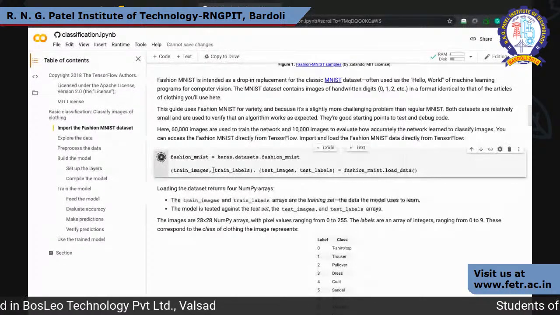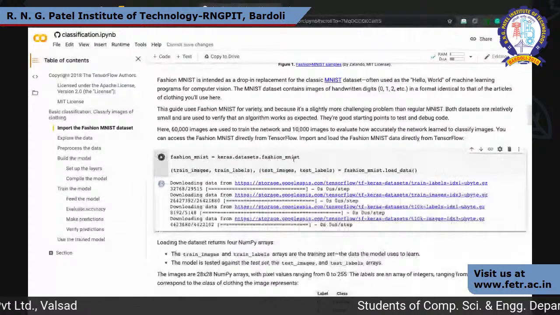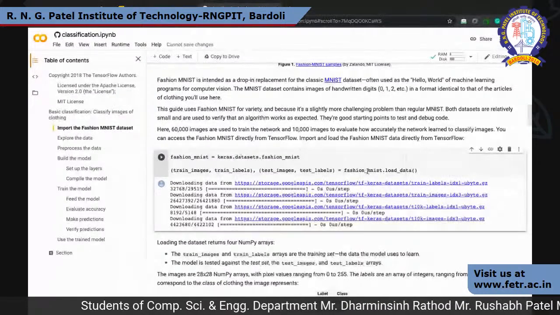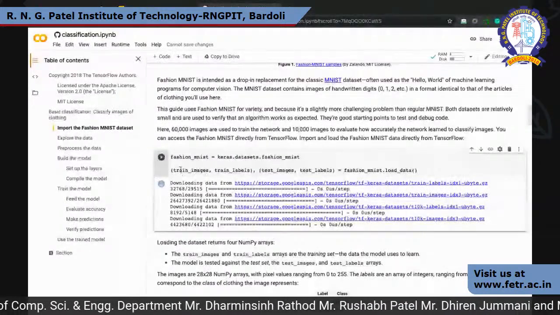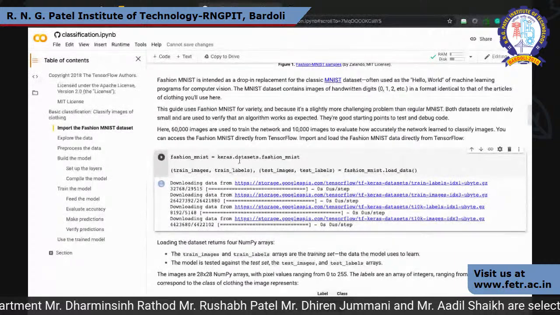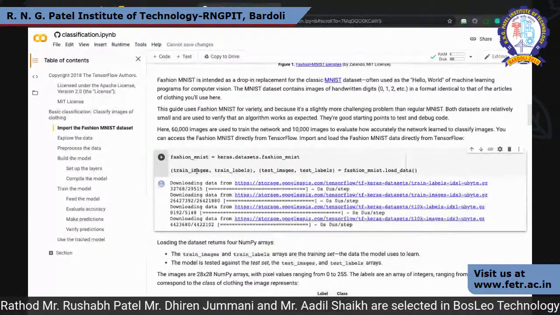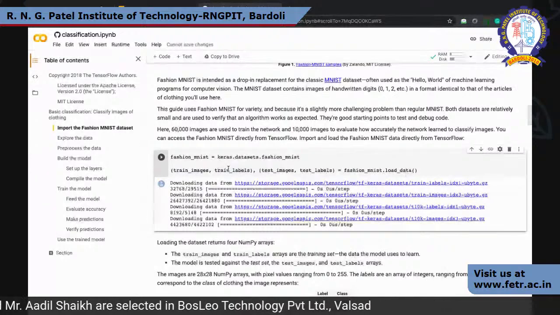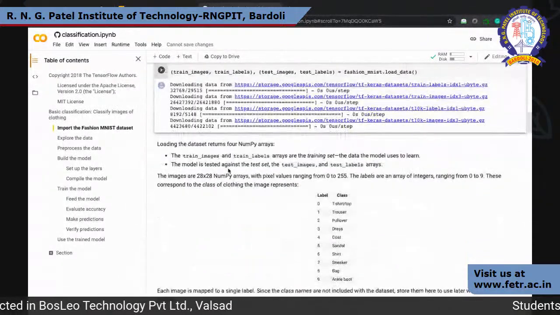Over here, we imported the data set from the Keras data sets, and divided the whole data set into training images and training labels. Training images are 28 by 28 by 1 vector spaces. Training labels are the 0 to 9 classes.